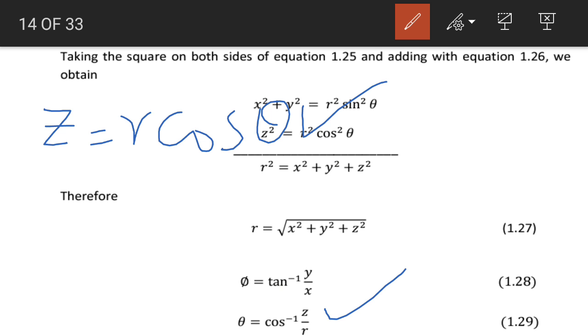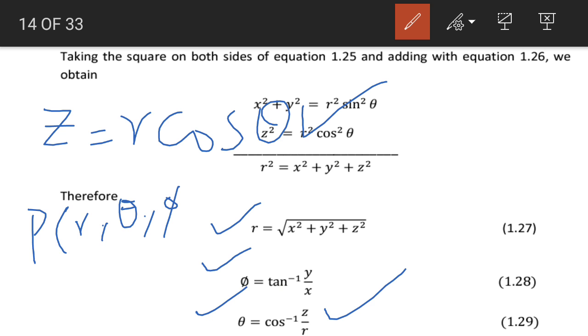So you see, we can calculate r in terms of x, y, z. We can calculate phi in terms of x, y, z, and we can calculate theta in terms of x, y, z. So if x, y, z are known, you can calculate r, theta and phi, and you can consider the same point in our three-dimensional space with the help of these three spherical coordinates.